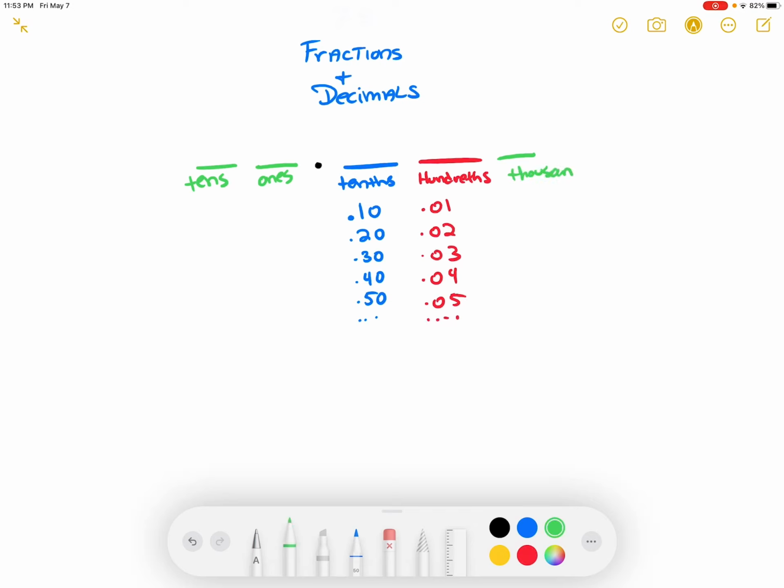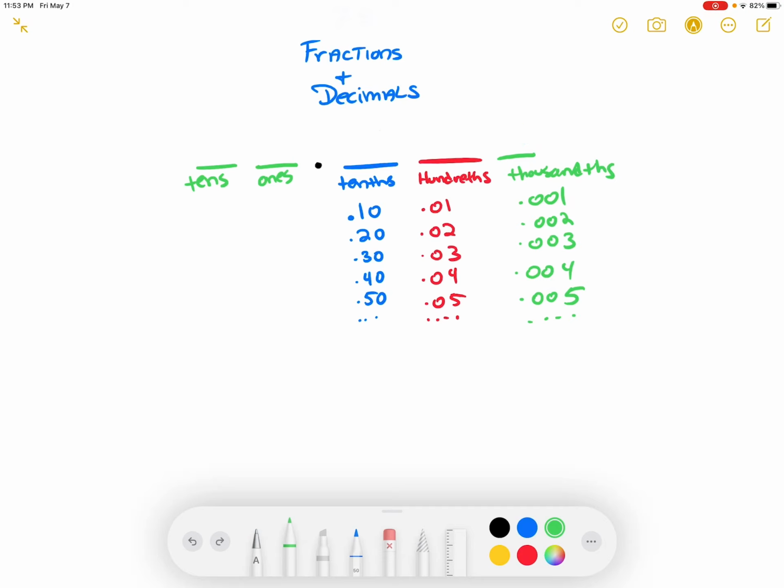And then you've got your thousandths, which is 0.001, 0.002, 0.003, 0.004, 0.005. And how did I get those zeros? Well, it's literally how many spaces over it would take to get to the thousandth spot.